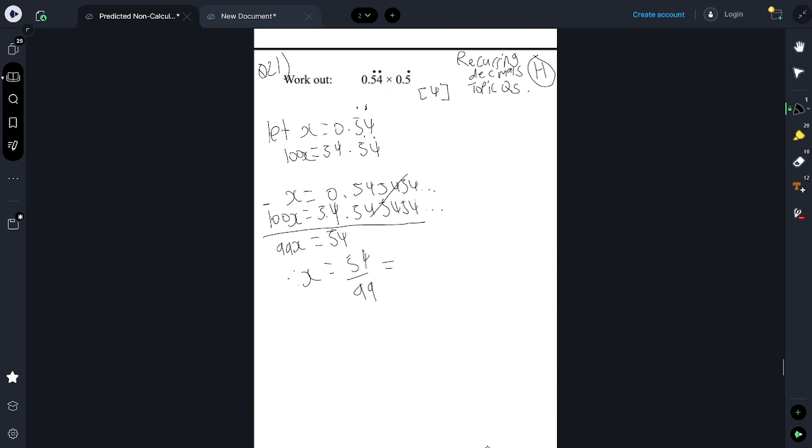I thought 11 went into both, but no, of course it doesn't.